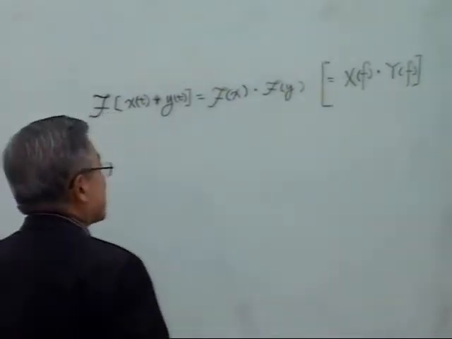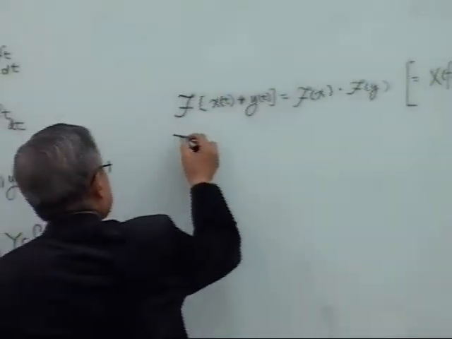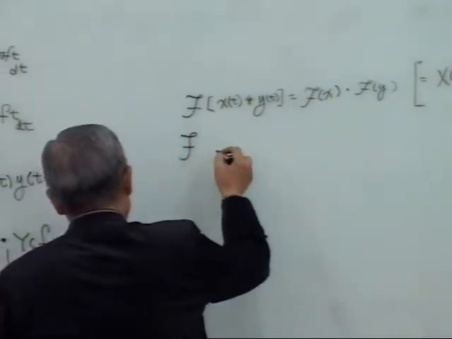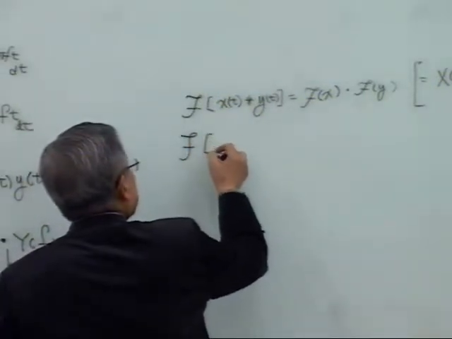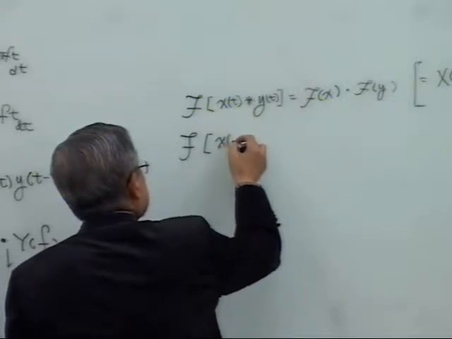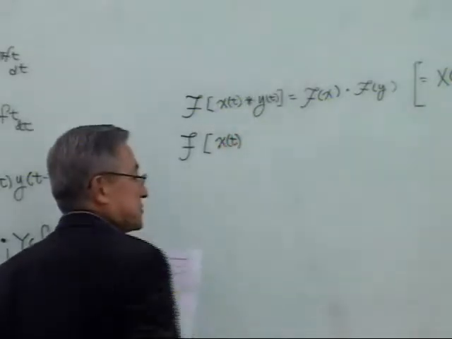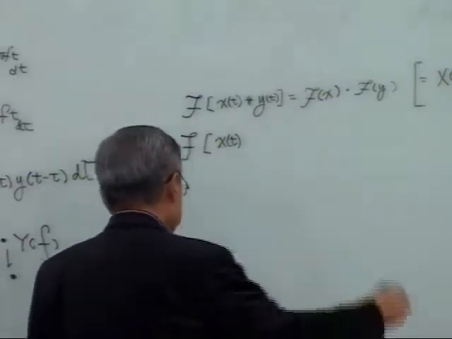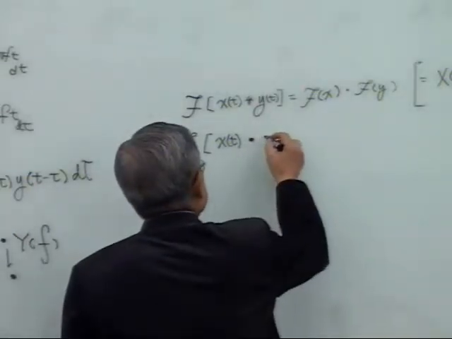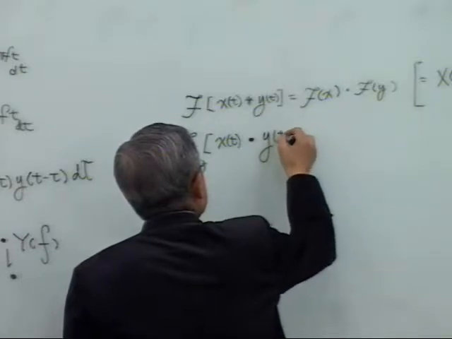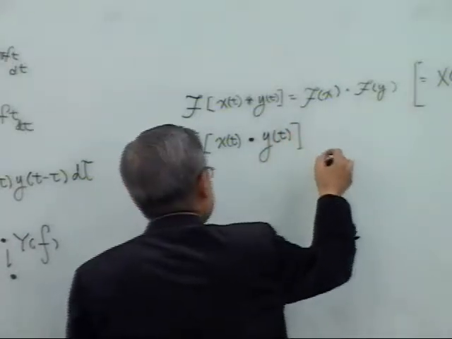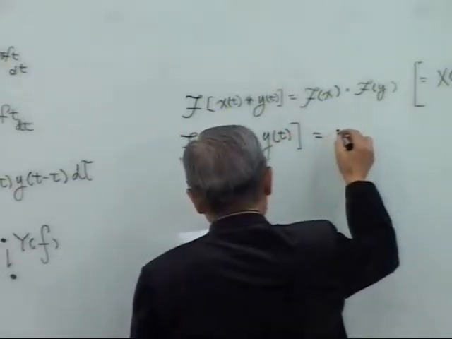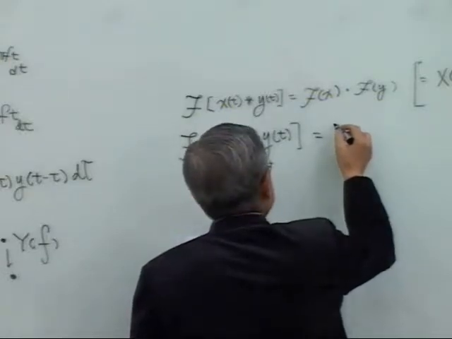So now, that's the theorem. Now, I'm going to write like this. Fourier transform of x. When you make a Fourier transform, you do, in engineering, a time domain function. Multiplication of y of t. This is a really general expression.